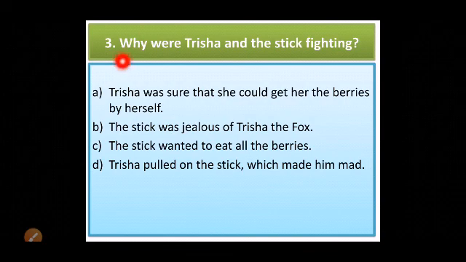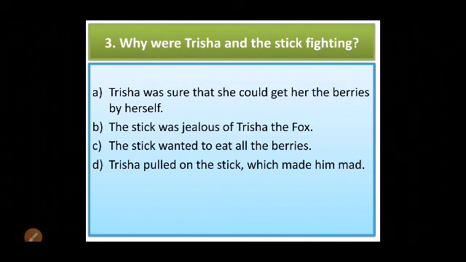Why were Trisha and the stick fighting? Let's see the options. A. Trisha was sure that she could get the berries by herself. B. The stick was jealous of Trisha the fox. C. The stick wanted to eat all the berries. D. Trisha pulled on the stick, which made him mad.